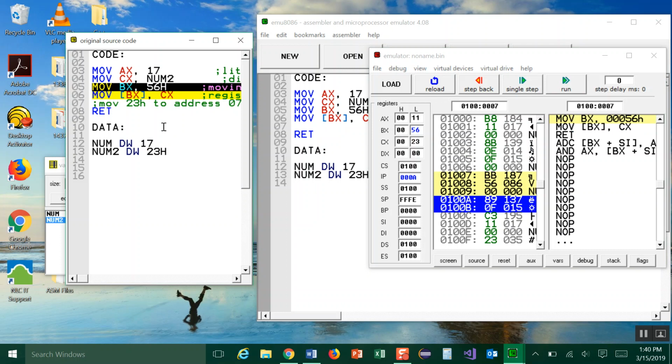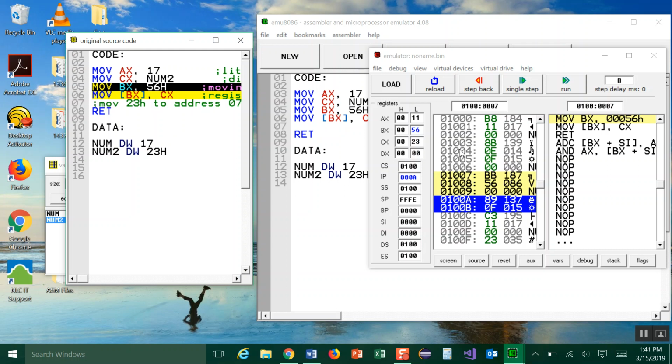So BX is called a base register. When it is used as a special purpose register, it is used to store addresses. You cannot store memory addresses in AX or CX or DX. You have to store it in BX as an address, as an indirect address.